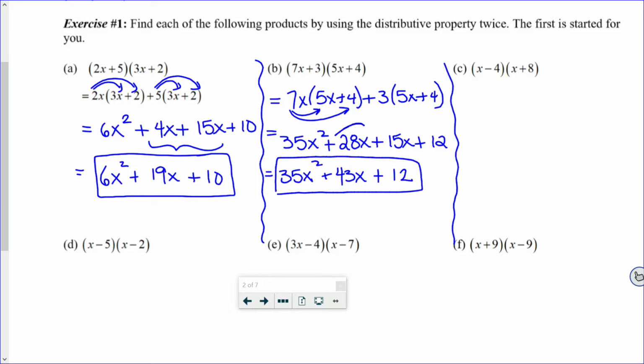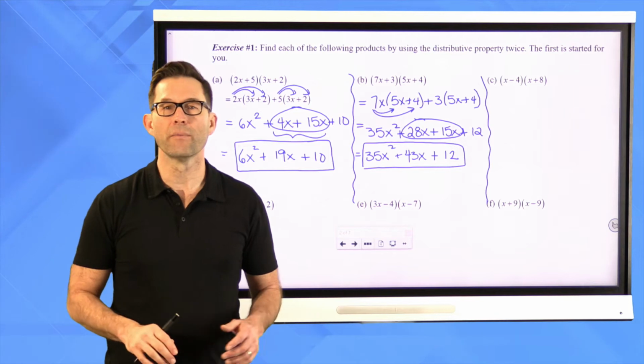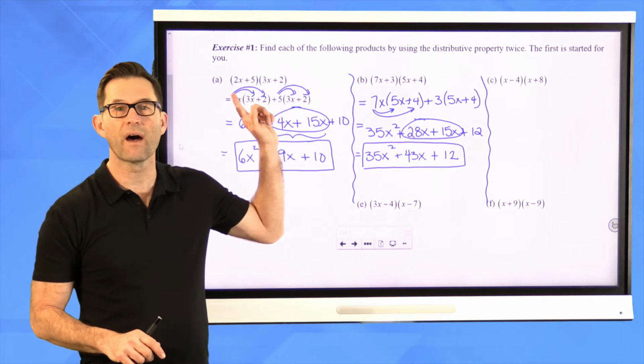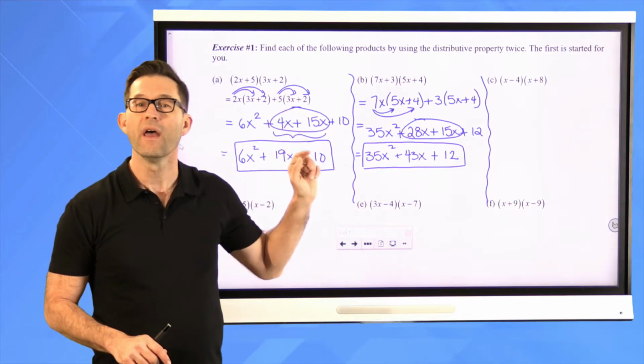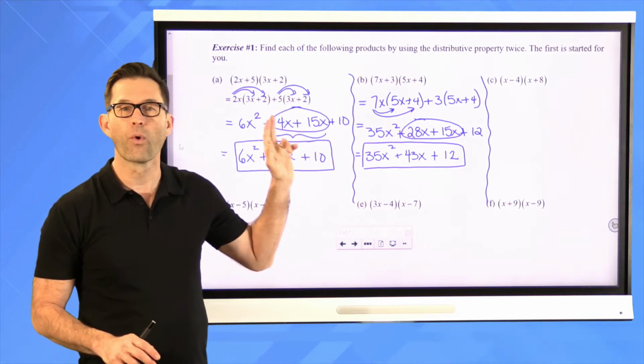Again, I want to keep pointing out that when we multiply two linear binomials together, in other words, this one's highest power is x to the first, this one's highest power is x to the first, then at the end of the day, we end up having 4 terms, right?